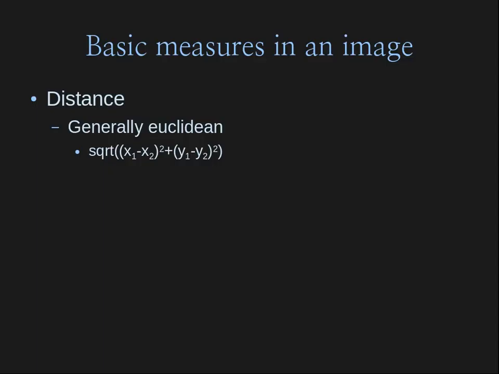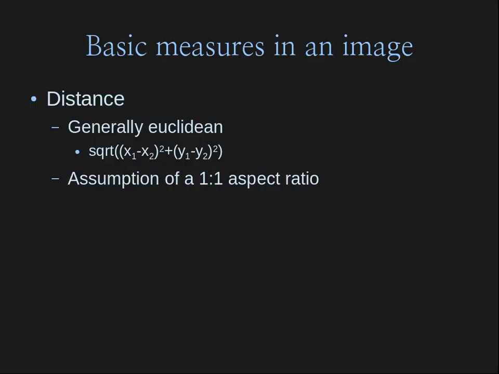Or here, here, here, here, which is the exact same distance. It's essentially adding, without the square, the absolute value of x1 minus x2 and the absolute value of y1 minus y2, so essentially the entire x distance between them plus the entire y distance between them. That's a city block distance. Generally not used in image analysis, but occasionally for some analyses it becomes important, so it's good to be aware of that.